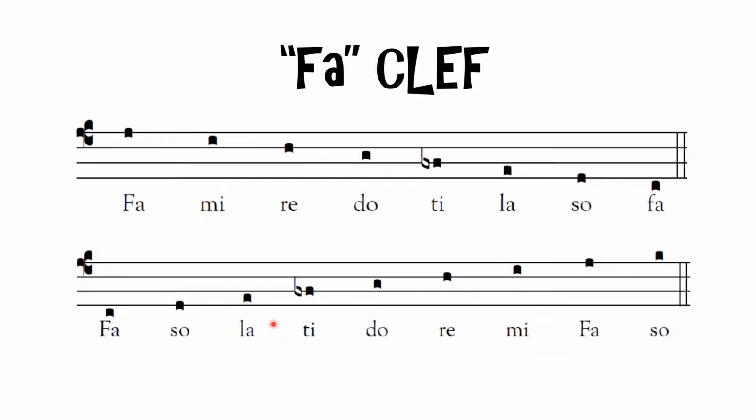Here's the fa clef. All the notes that are on this line will be fa, and all the notes in this space will be mi. All the notes on this line will be re. All the notes on this line will be do, and so on and so forth. So let's just say that your fa is this.